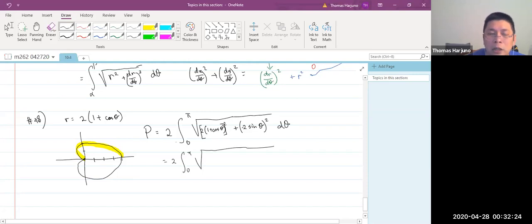Okay, it has common factor 2, so I will pull that 2 out. That will be 1 plus 2 cosine theta plus cosine squared theta plus sine squared theta d theta.